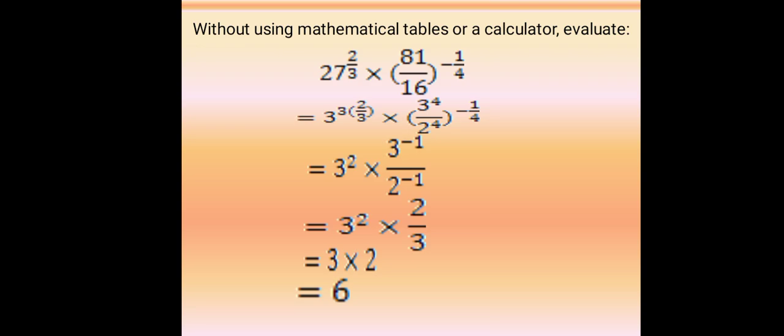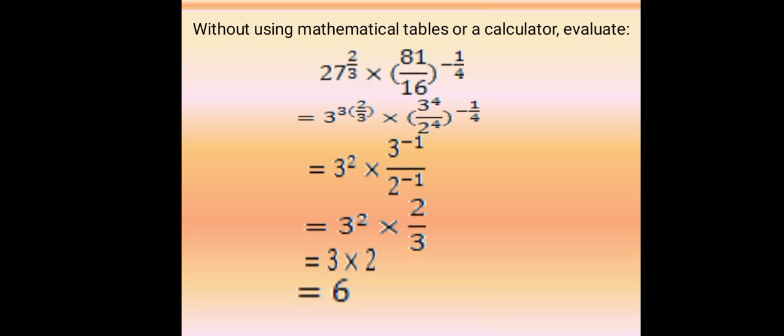Now 27, we can write it to the base of 3, so that we have 3 cubed, and then multiplied by the power 2 thirds, the 3 cancels so that we remain with 3 squared. 81, we can write it to the base of 3, so that we have 3 raised to the power of 4.